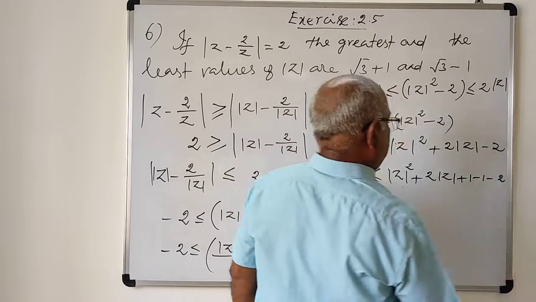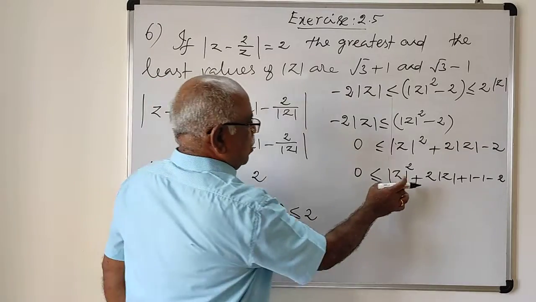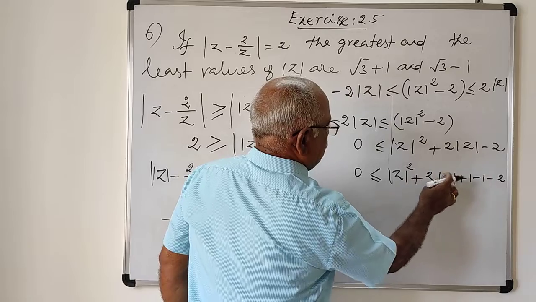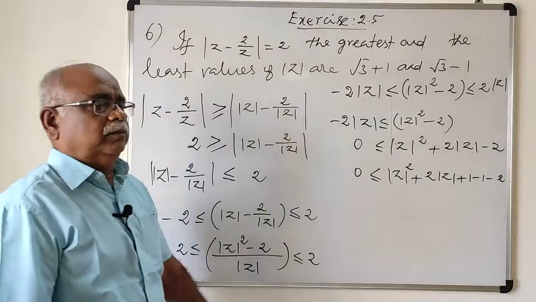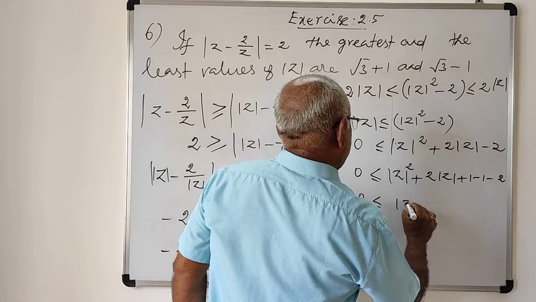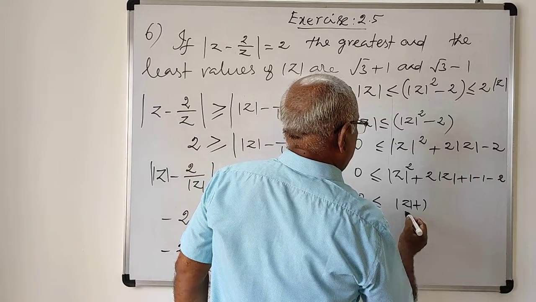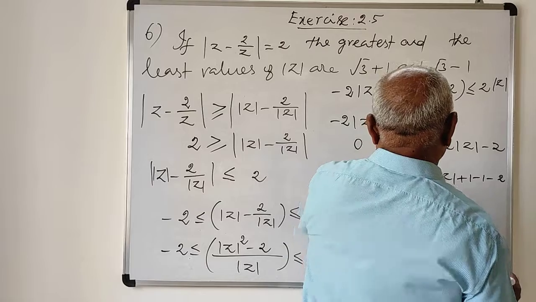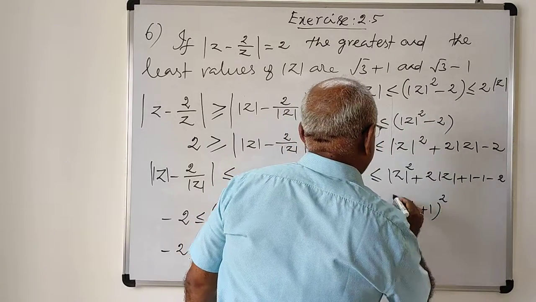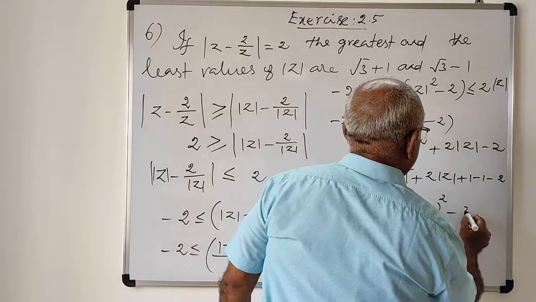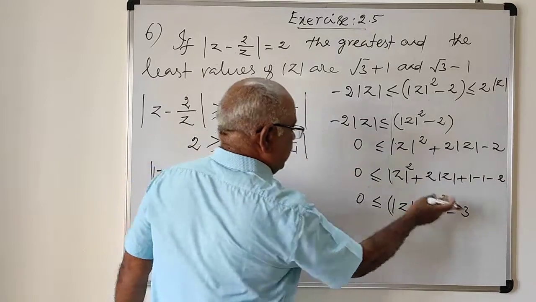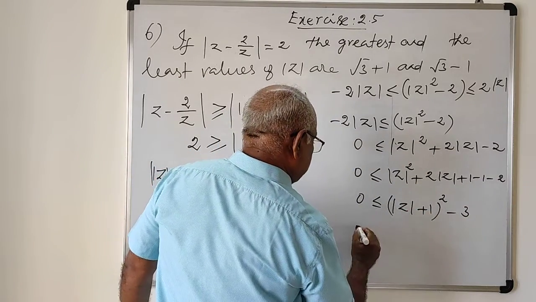Why I am adding this is, I told you, mod z square plus 2 into mod z plus 1 is of the form a square plus 2ab plus b square. Therefore, it is less than or equal to mod z plus 1 whole square, minus 1 minus 2 is minus 3. You bring this minus 3 to the left hand side, it becomes plus 3.